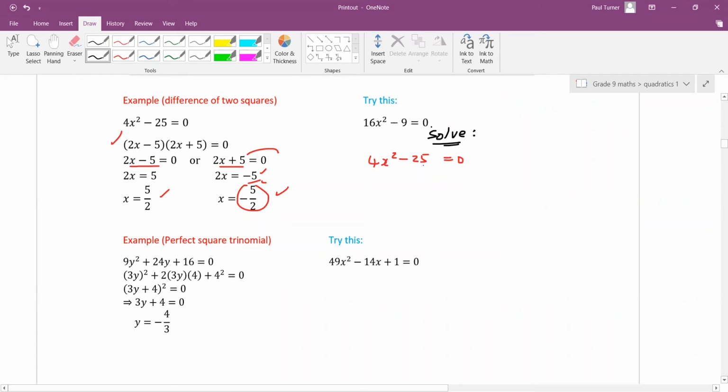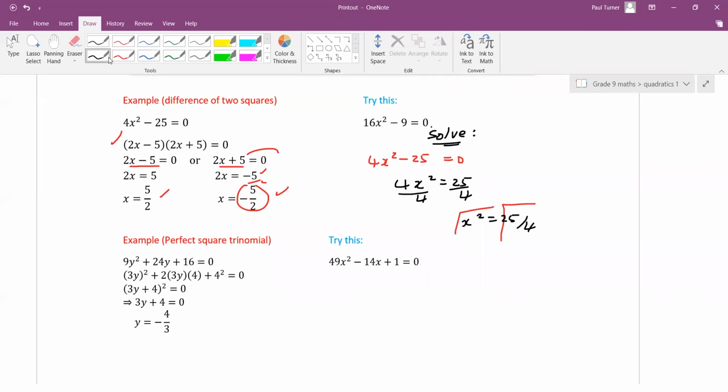So you can move the 25 over, and then we divide by 4. Then I'll get x squared is 25 on 4. Now, you've got a number squared that gives that, so I will square root both sides. You'll use this method a bit later.